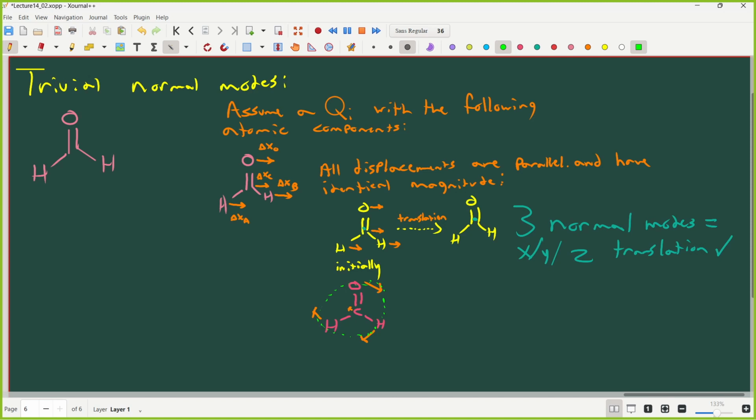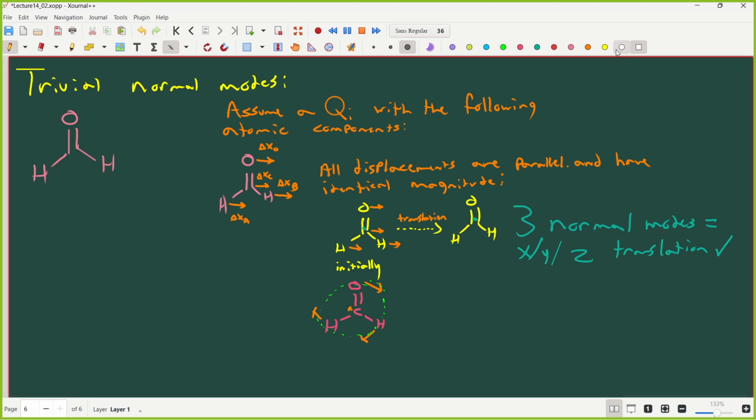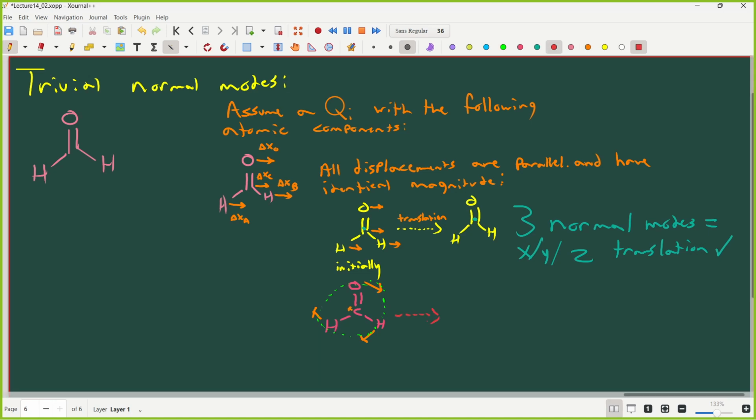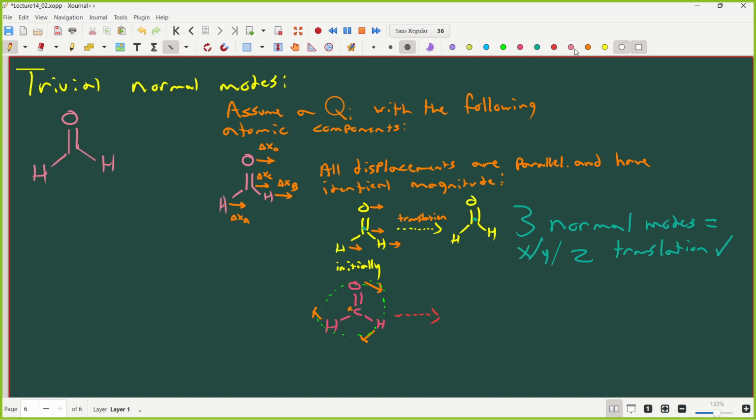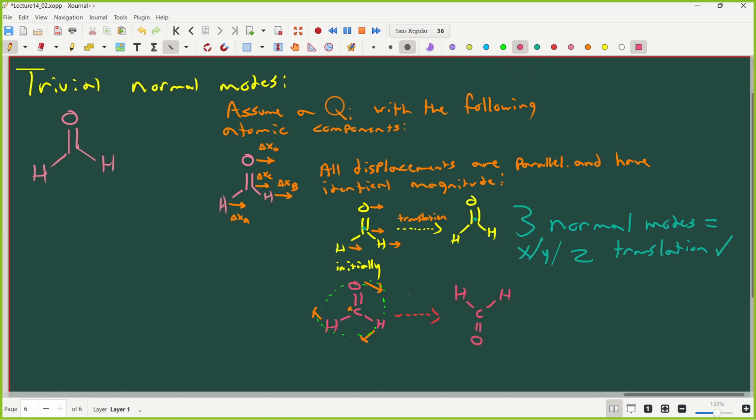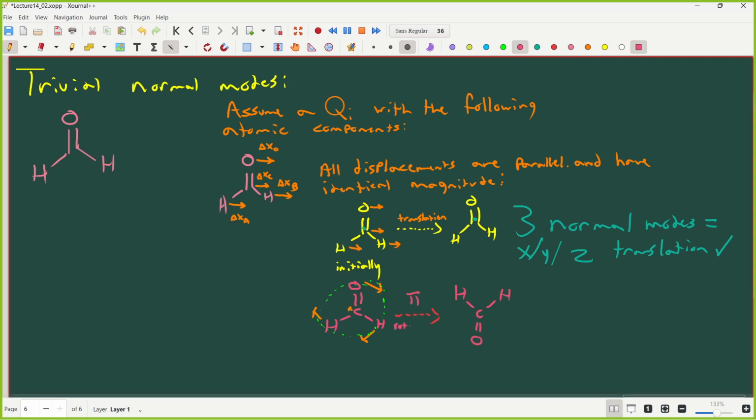I add all the displacement vectors together, and the net change does not change the position of the molecule at all. They all cancel out. But the atoms haven't moved, what we've done is taken the system and flipped it upside down. This is just a pi rotation.